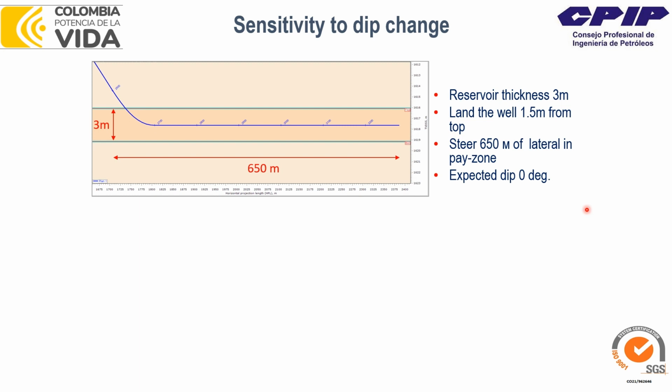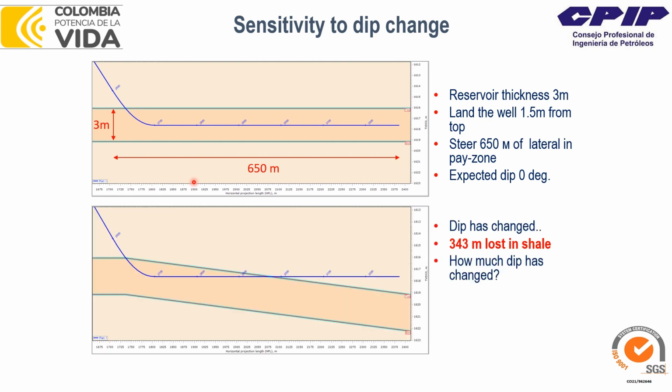We have a reservoir whose thickness is 3 meters, and we have to land the well 1.5 meters from the top. So we have to land it and drill exactly in the middle of this formation. The well section length is 650 meters, right? So this is what was planned. Now, and of course this is important, we expected to have a flat dip, which is 0 degrees.